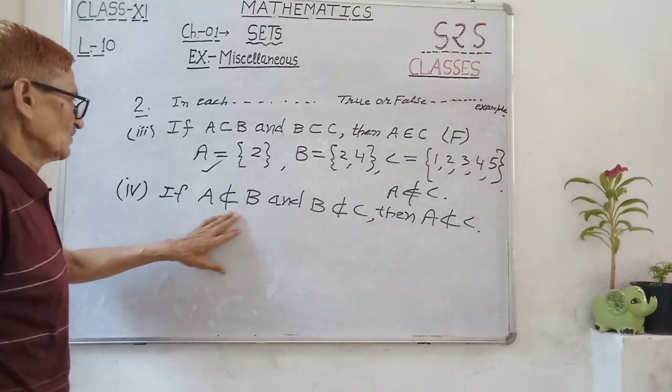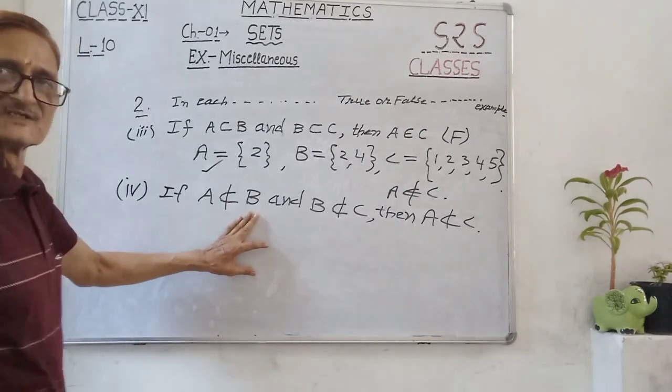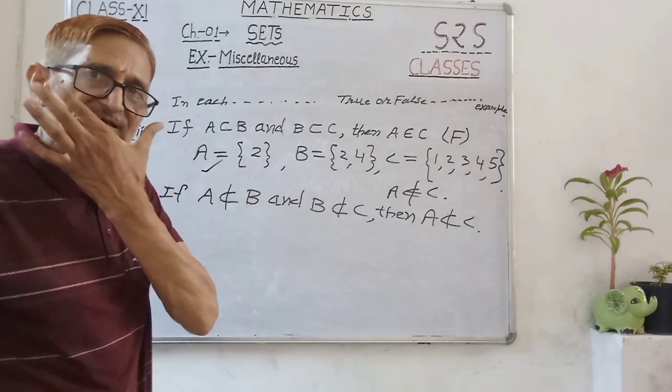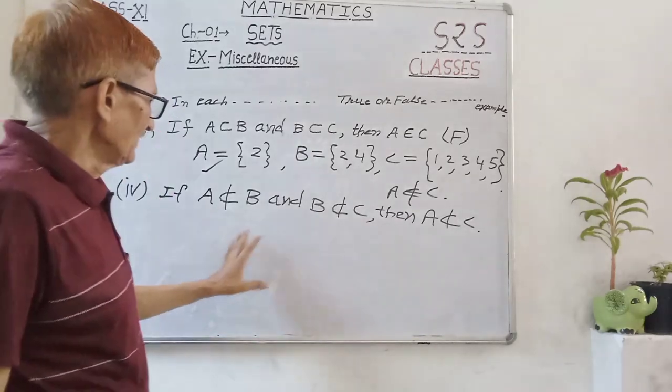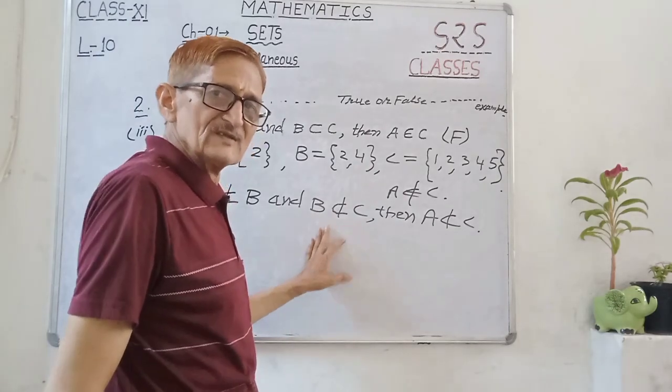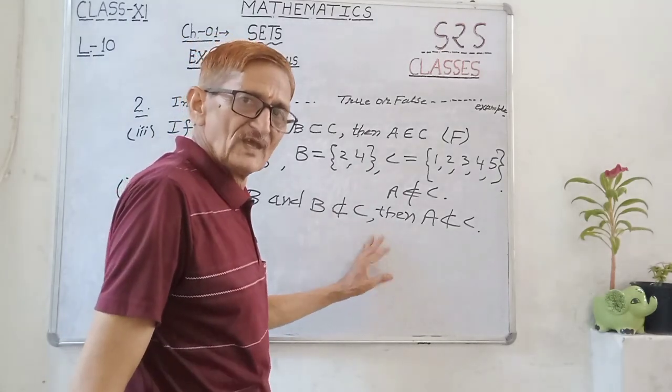Now A is not the subset of B. Every element of A is not in B. It is not a subset, every element is not there. And B is the same thing. Every element of B is not in C.